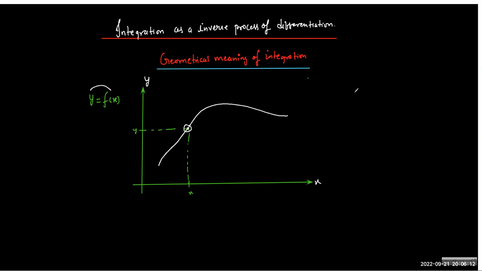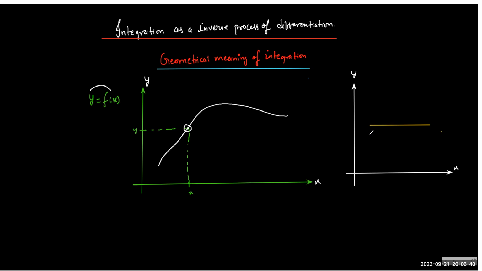So now imagine if I draw a graph like this. Imagine if I draw a line which is parallel to x-axis. And now I would like to find the area that this line and the x-axis encloses.